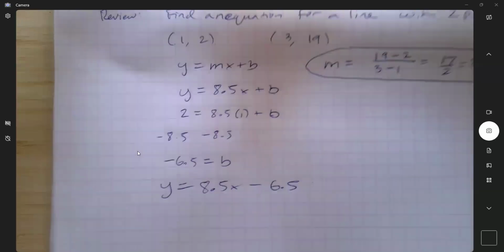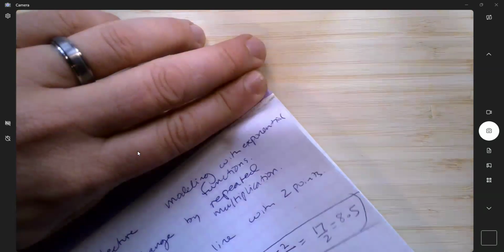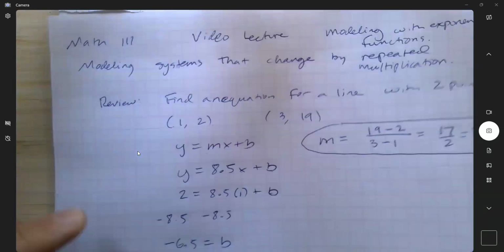We're going to apply this exact same idea to exponential functions, to find formulas for exponential functions that go through 2 points.